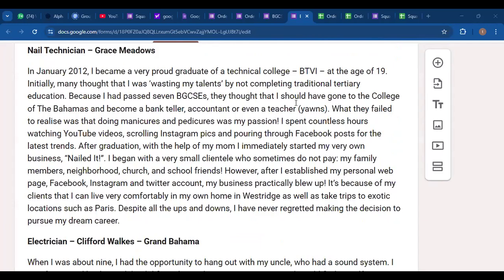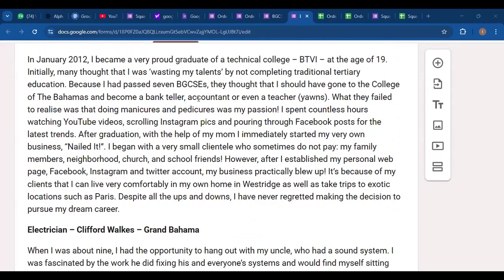They thought that I should have gone to the College of the Bahamas and become a bank teller, accountant, or even a teacher. What they failed to realize was that doing manicures and pedicures was my passion. I spent countless hours watching YouTube videos, scrolling Instagram pics, and peering through Facebook posts for the latest trends.